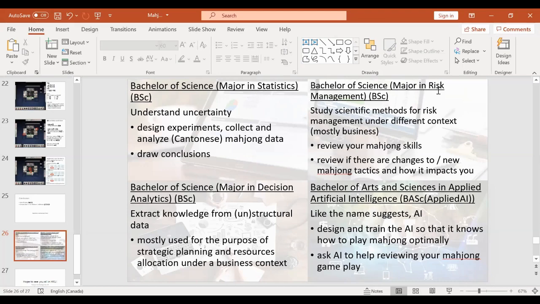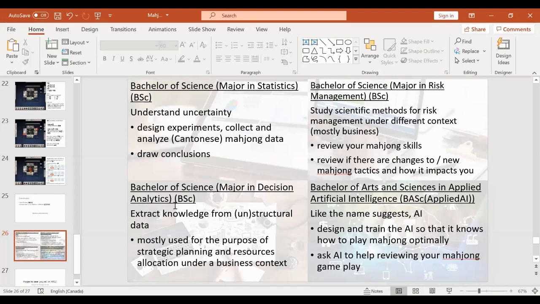While for risk management, it is about studying scientific methods for managing risk under different contexts. If you are doing risk management in practice, then mostly the context will be a business setting. However, for the Mahjong setting, it is still relevant in the sense that you will be reviewing your Mahjong skills consistently and seeing whether there are new tactics, and how they would impact you.